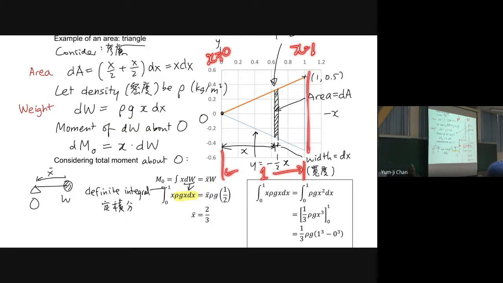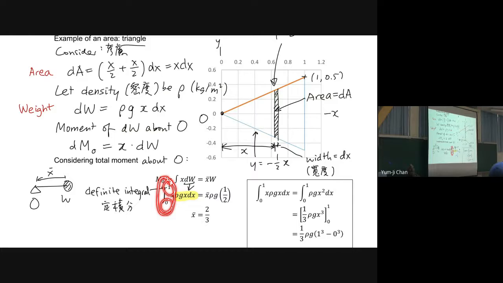There is no area on the right hand side. We only need to do the integration from here to here. Therefore, we have a definite integral here from 0 to 1.